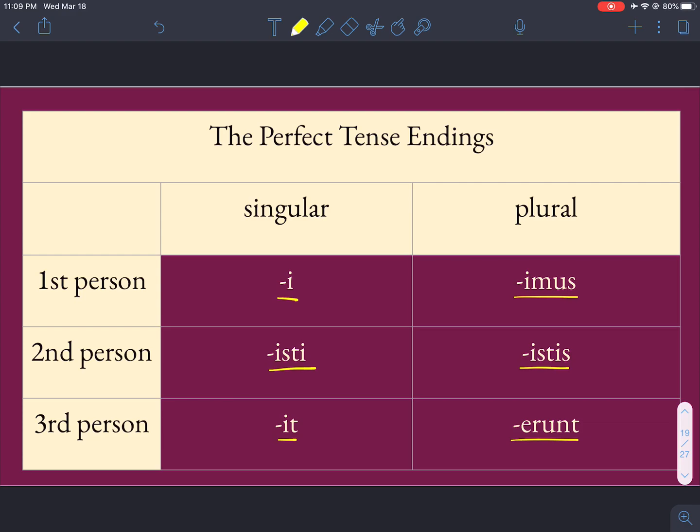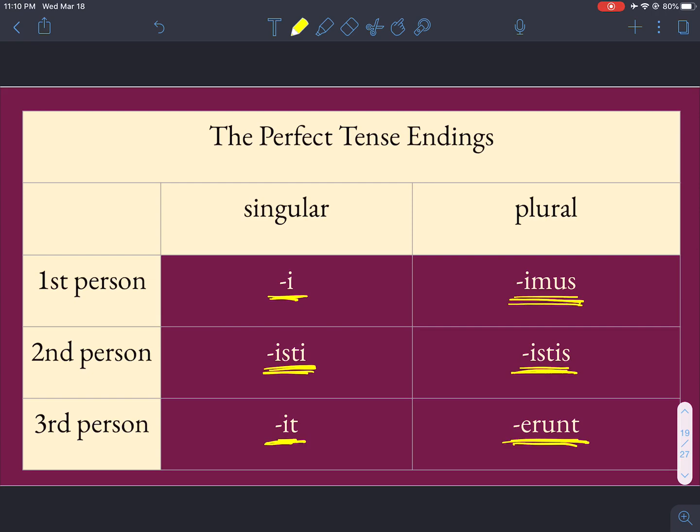Okay, do it with me. Here we go. I, isti, it, imus, istis, erunt. Okay, one more time, and last but not least, the same endings once more.